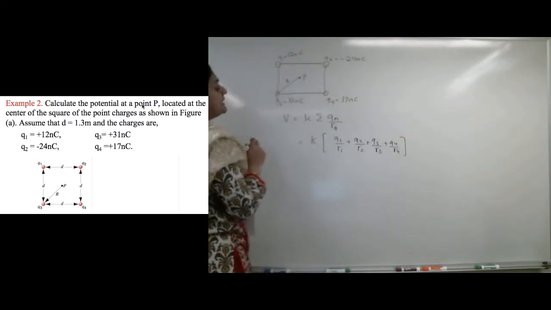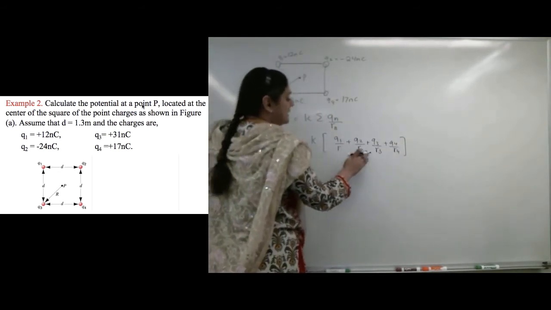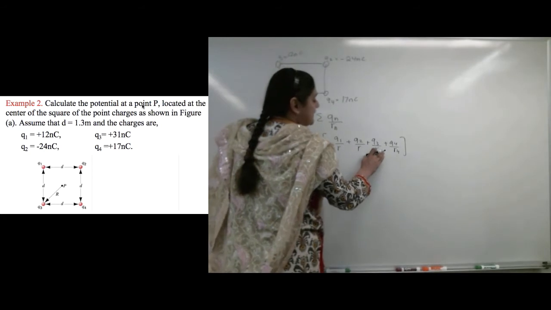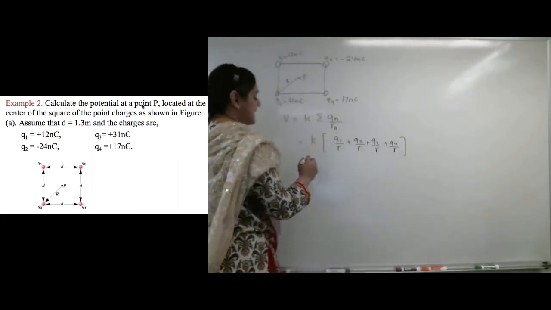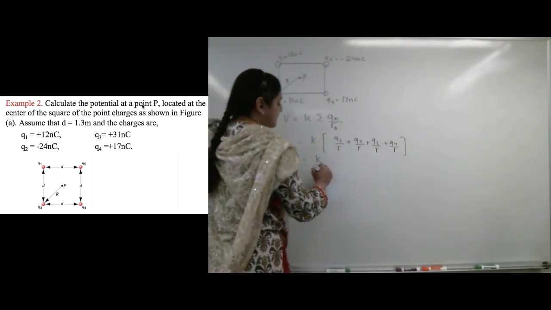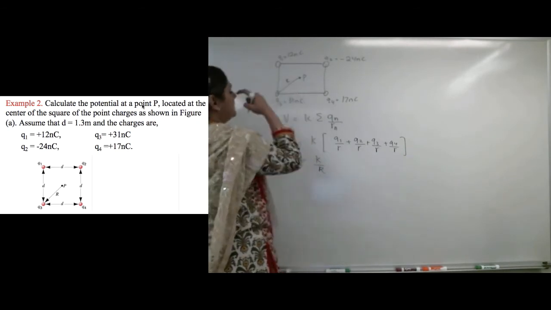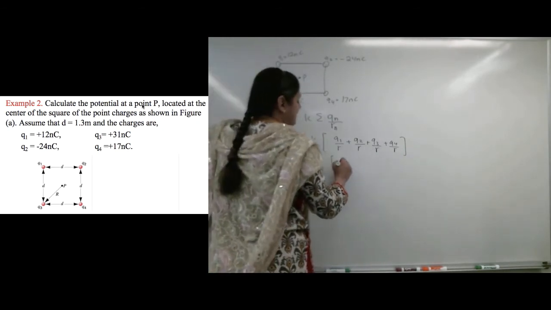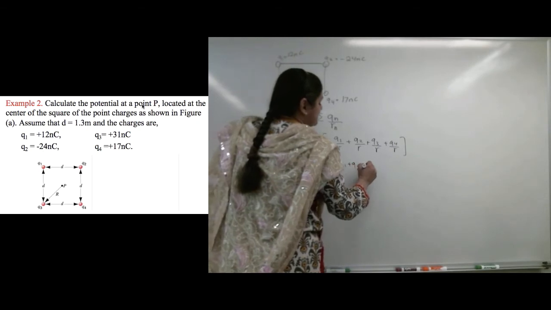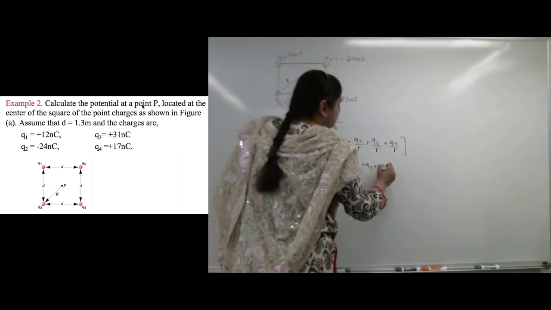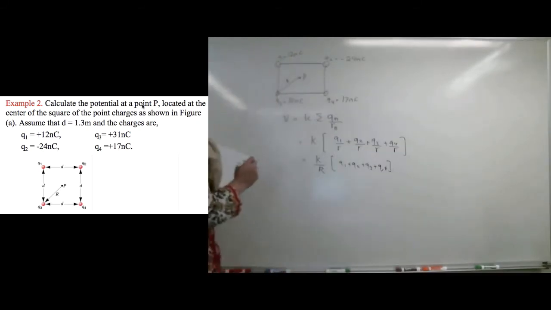And since all the R's are the same, I can take it common out. So I will have K over R times Q1 plus Q2 plus Q3 plus Q4. Once that is done, I just need to find what R is.